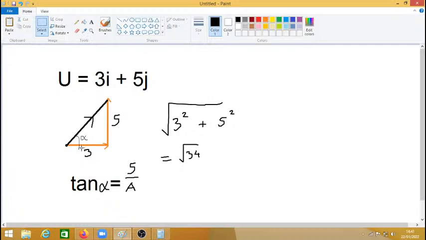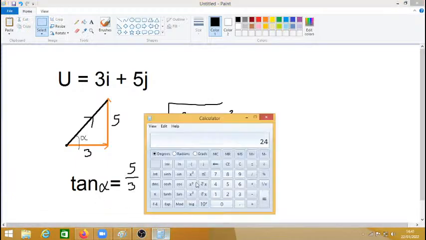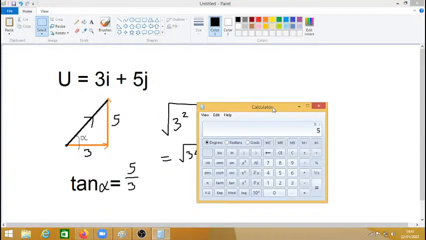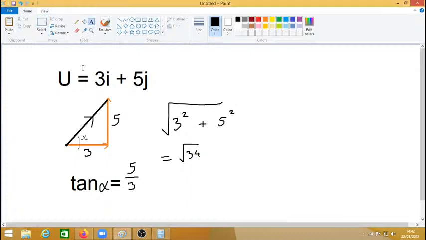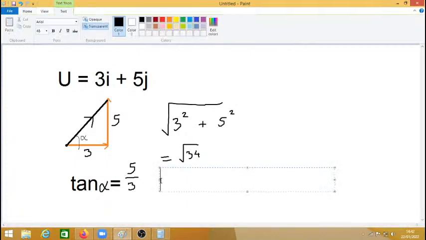And then the adjacent is your 3, so I can put 3 there. And then grab a calculator and inverse tan that. So it's 5 divided by 3, and then inverse tan. And you get an angle of 59.03. So you can say this angle here is equal to 59.03.